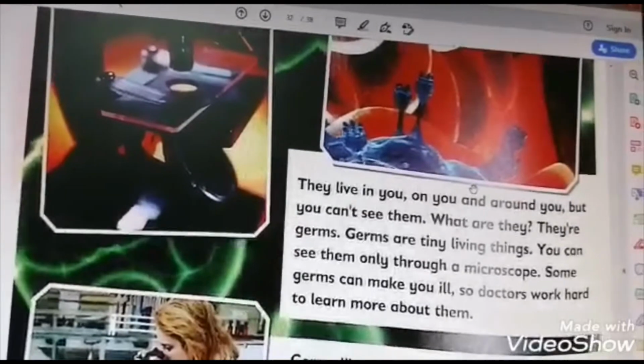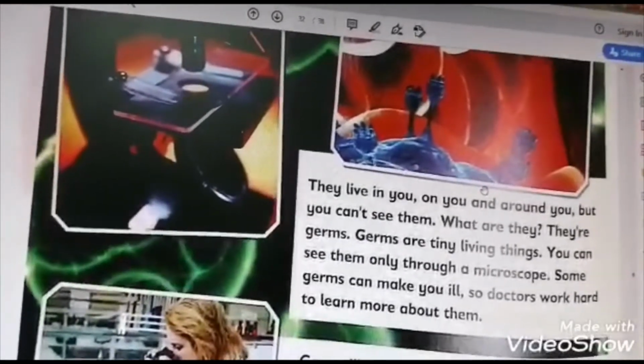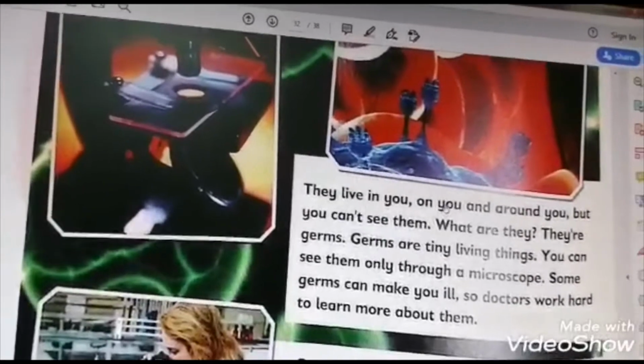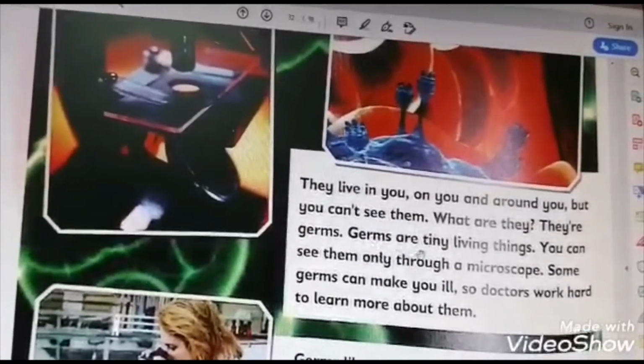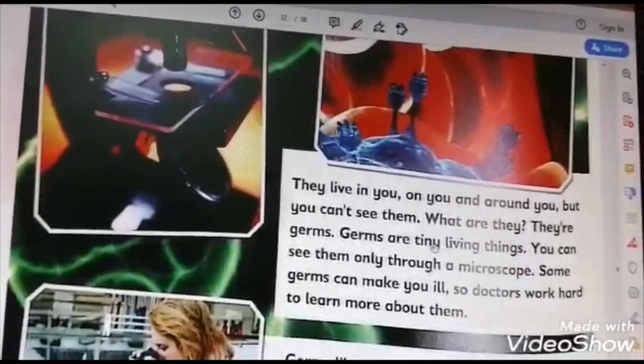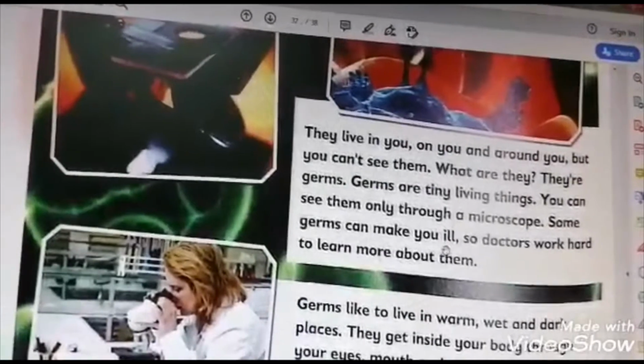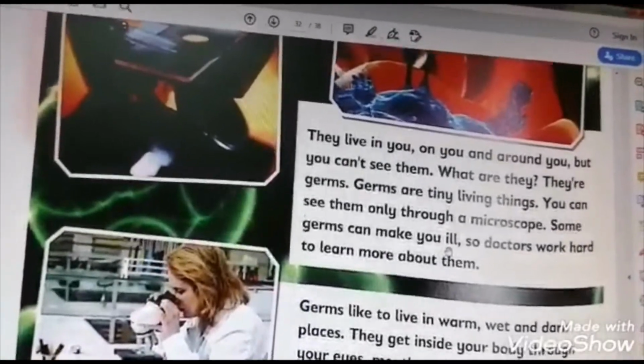So tell me, what are germs? Yes, it's mentioned here. Germs are tiny living things. The next one. How can we see them? Can we see germs?